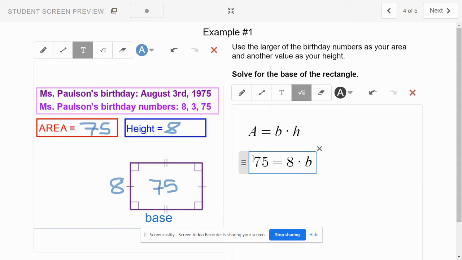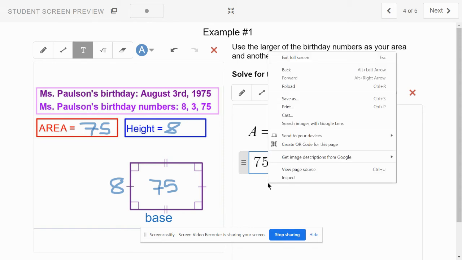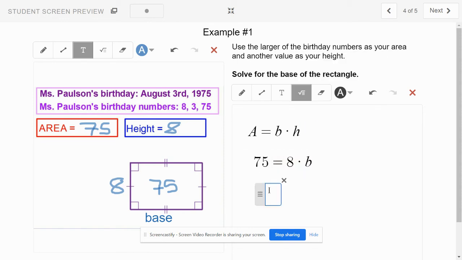And so what I'm going to do is divide both sides by that 8. Just reaching for my calculator. 75 divided by 8 is about 9.4. So base equals 9.4. And I have solved for the base of the rectangle.